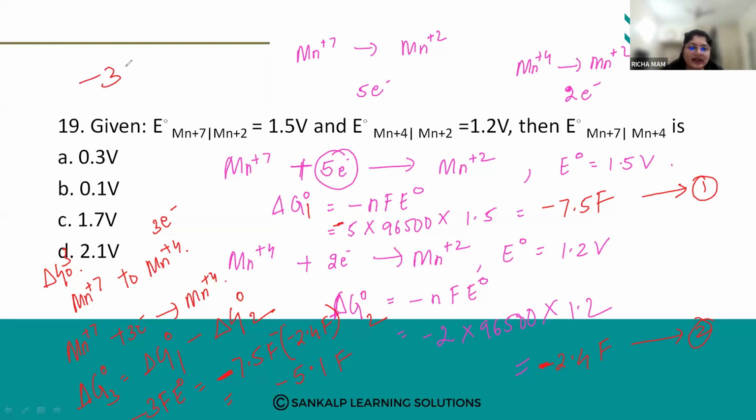So minus 3 F E naught is equal to minus 5.1 Faraday. Calculate now what is the E naught. Put the Faraday value: minus 3 into 96,500 into E naught is equal to minus 5.1 into 96,500.